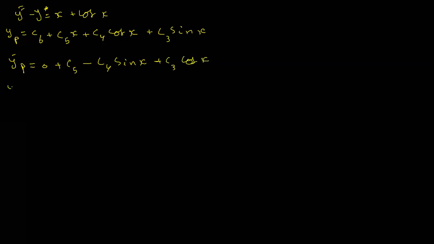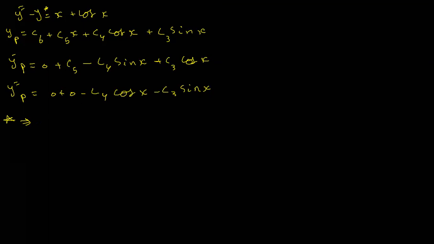Second derivative, y double prime p, is 0 plus 0 minus C4 cosine x minus C3 sine x. Okay. Now I'm going to plug into my equation star. Star will give me the following.